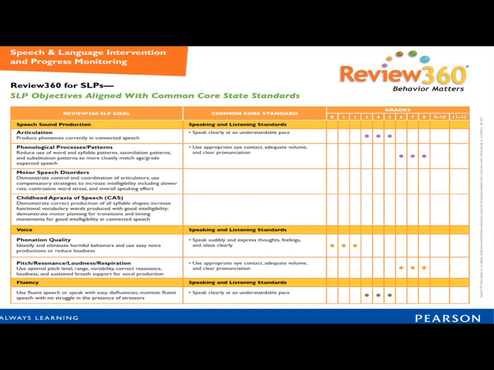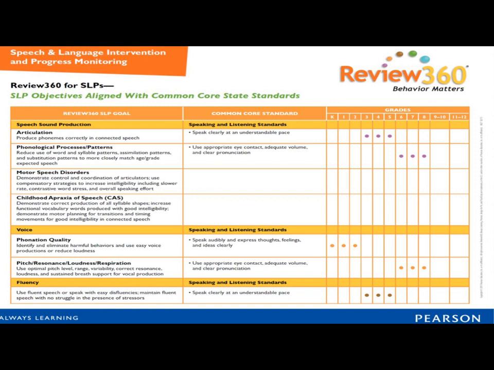So clear speech and correct speech sound production is reflected, albeit indirectly, in the Common Core standards from grades 3 through 8. If you have a student with speech sound production problems in kindergarten through 2nd, you'll be using age-level expectations that are present in the literature in terms of your targets for your IEP.